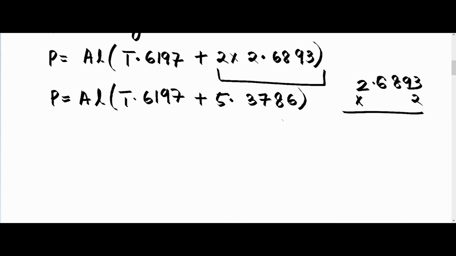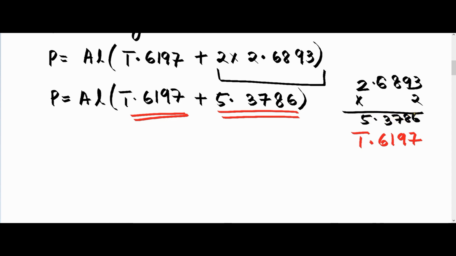So addition of these two numbers we can do it as, so always first number first. So take on the top you will take this number, at the bottom you will take this number in the addition part. So on right hand side I am showing you. So bar 1.6197 is the number. So let me first write down this here, otherwise you will get confused here. 5.3786 is the answer of this multiplication, and in red I am writing down the addition.